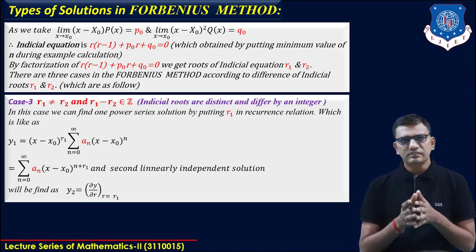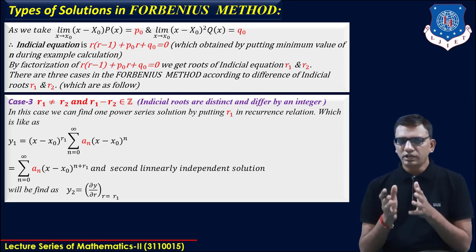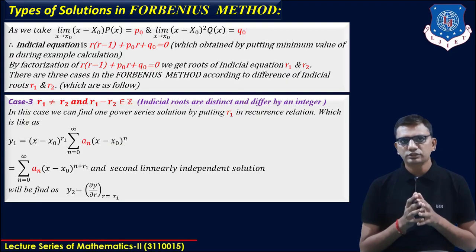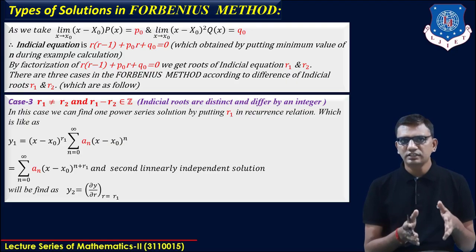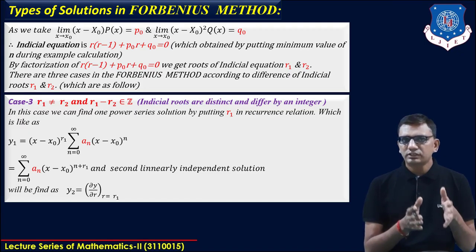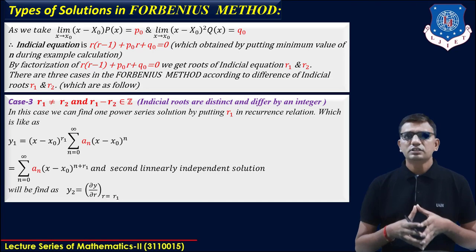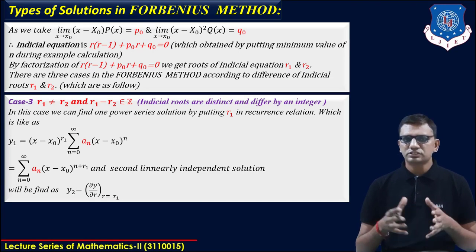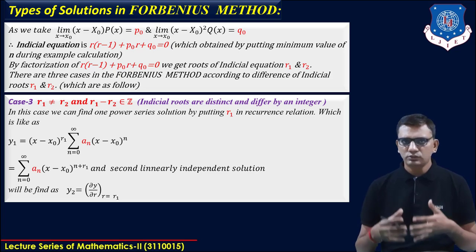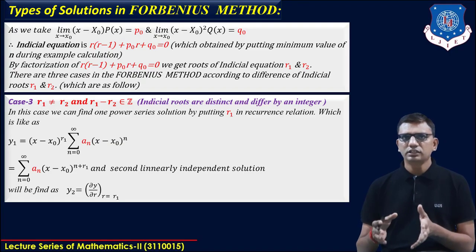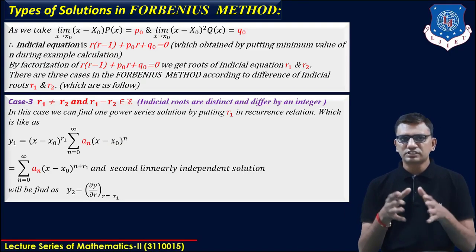In this case, we can also take r2 in place of r1, but we can't find the second solution using the second initial root because the solutions are not linearly independent when r1 and r2 differ by an integer. Here we will find the second solution by taking the partial derivative of y with respect to r and then putting r equal to r1 in that partial derivative.